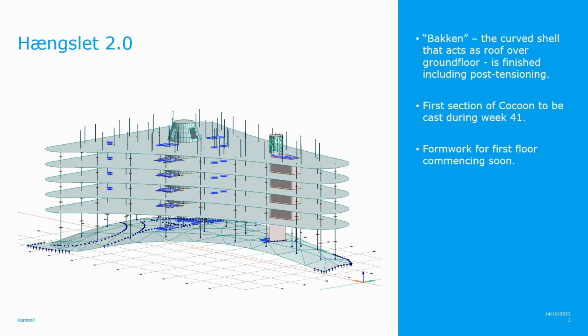On top of these columns, we have 2 stabilizing cores. One of them in a trapezoidal shape, the other in another double curvature shape, the cocoon they call it. And we have made all of this in film design, and that was quite a challenge, I'd say.